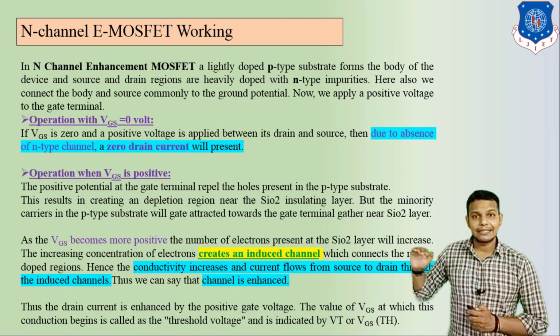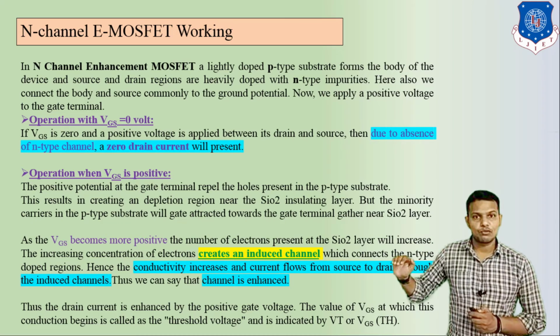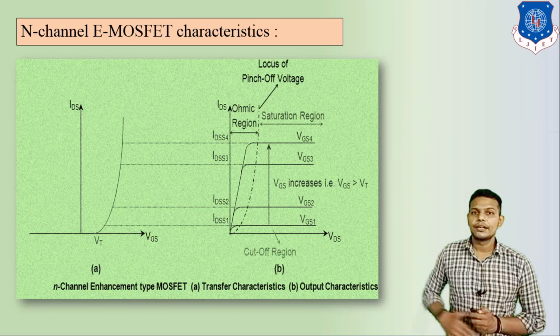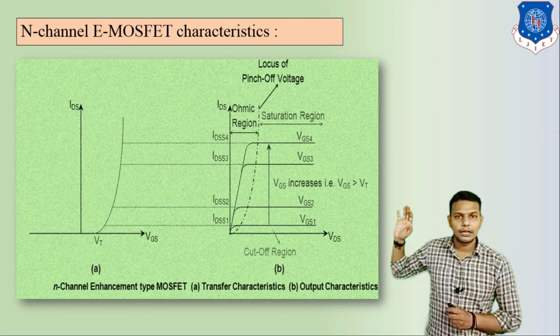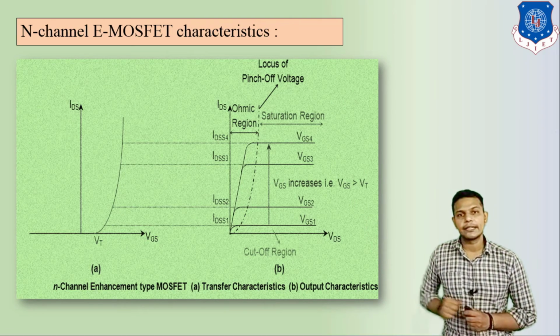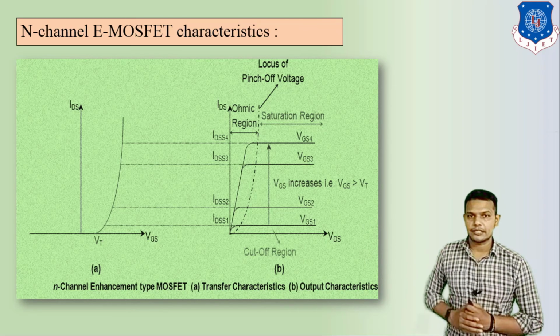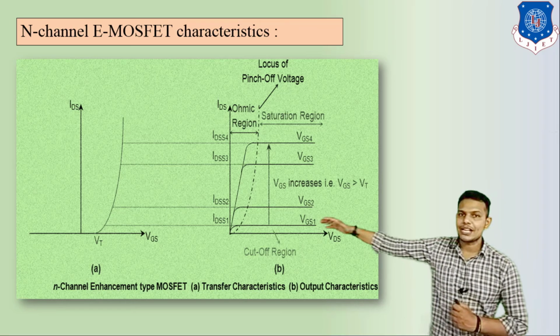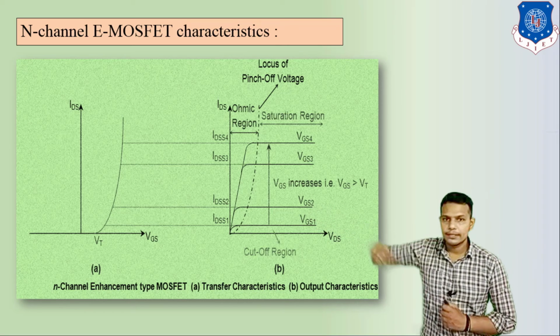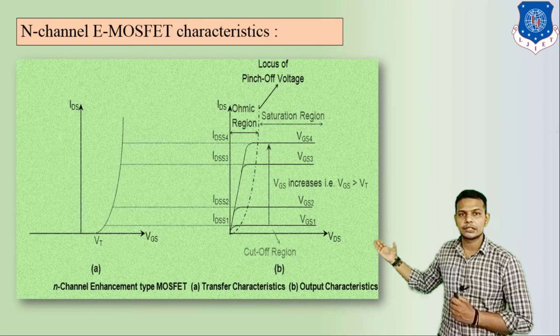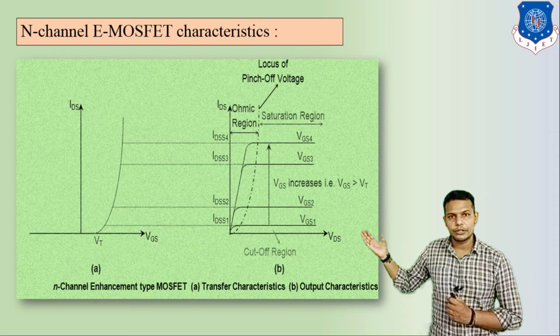After these cases, case 1, case 2 and case 3, we can plot the drain characteristics, or we can say output characteristics. From output characteristics, we can easily plot transfer characteristics. So this is first the output characteristics.